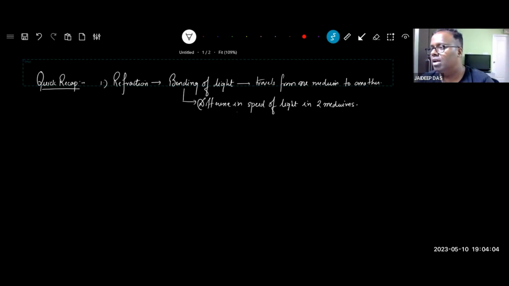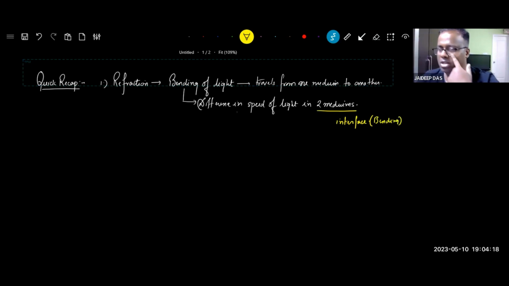And when you talk about the two mediums, what we are more interested in is the interface of the two mediums. It is here where the bending happens. This is what we had learned.